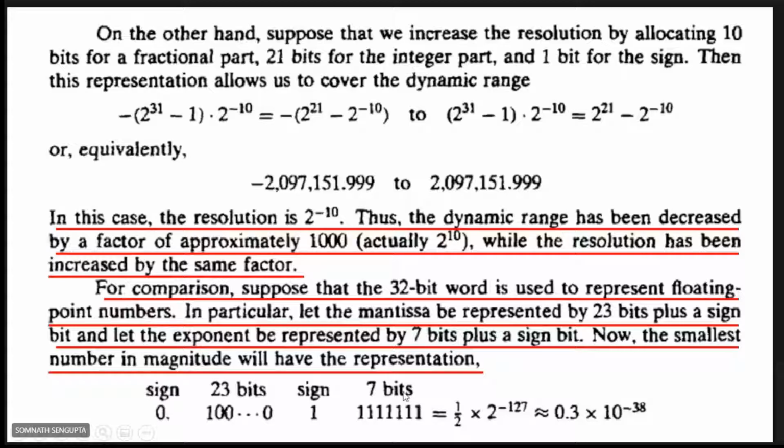In that case, what is the smallest number? The sign is 0.